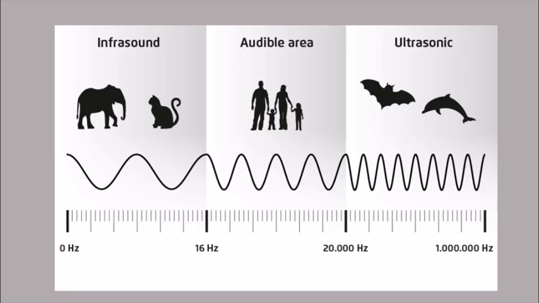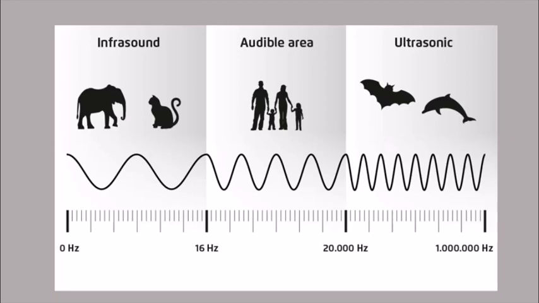Ultrasound can be heard by animals like dogs, mice, bats and dolphins. They have a special ability to hear ultrasounds, and they can also produce sounds which are inaudible to us. Children under 5 years of age, and some other creatures like insects, can also hear waves with frequencies up to 25,000 hertz.